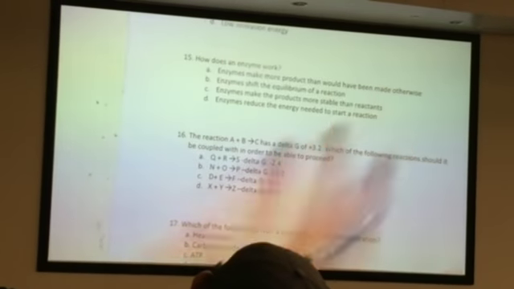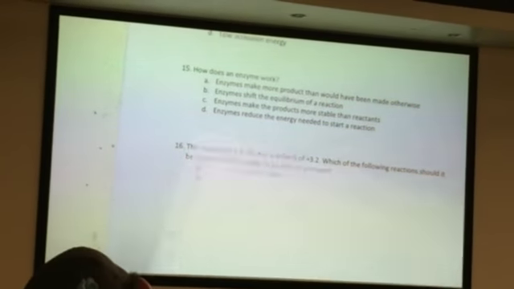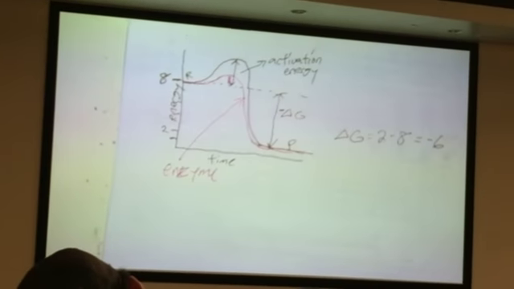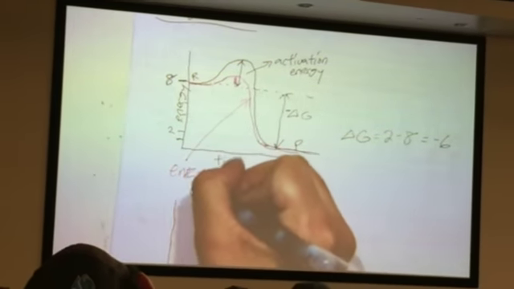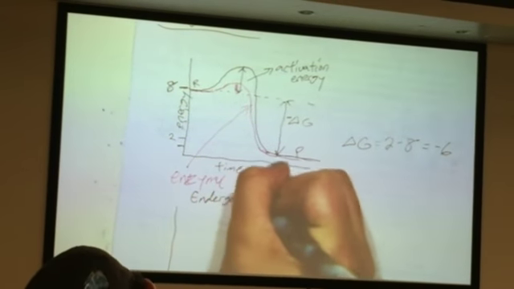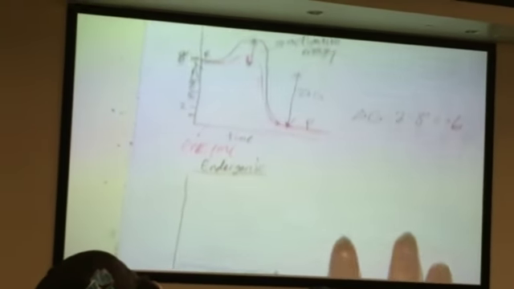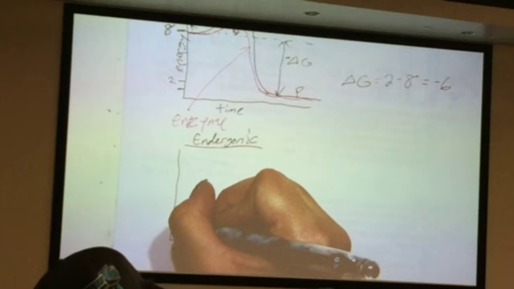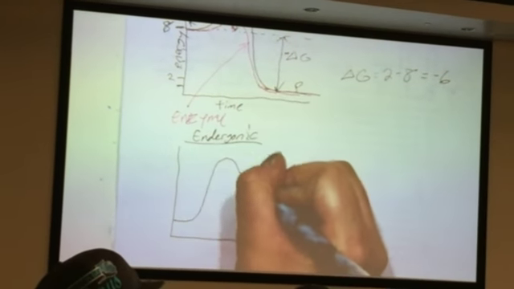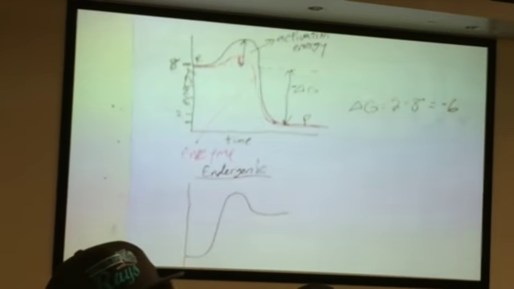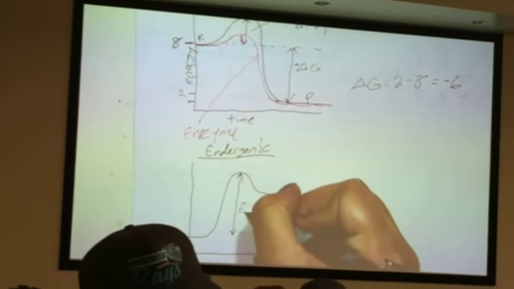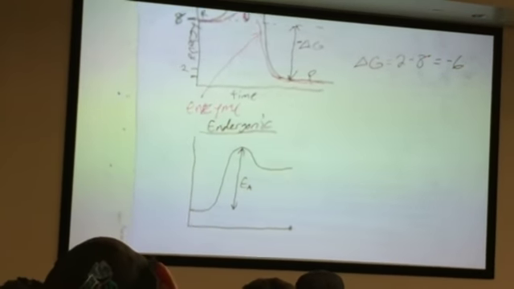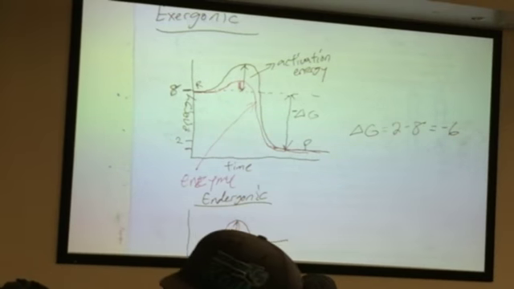So here's the other thing. I actually didn't draw it, but we'll draw it real quick, just so you have something to compare to. The endergonic looks like this. Okay? So the activation energy is this, and that's really, really big compared to that one.